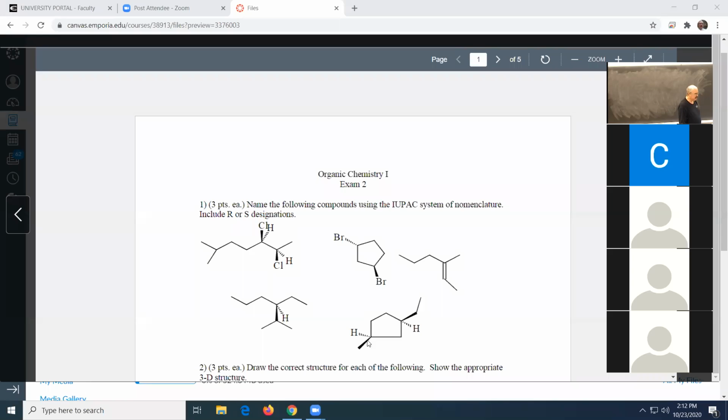Of these three groups, the methyl is the lowest priority. These are the same, and then we compare CH2 versus CH ethyl. CH ethyl has the higher priority. So we're comparing these two, we're comparing these two. So this is the higher priority, so it's 1, 2, 3. So this one is S.